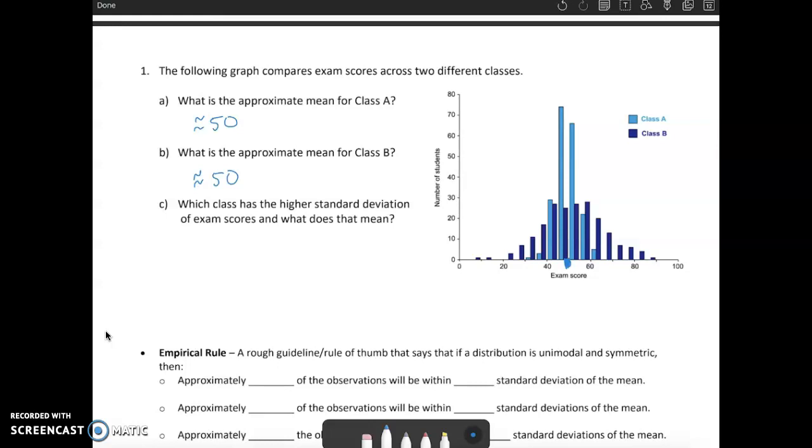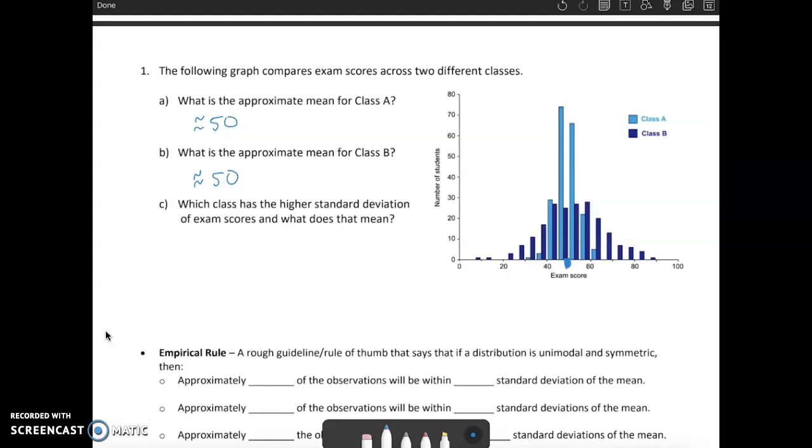However, these two classes definitely did not perform in the same way on this exam. There is something very different going on with them. So which of these classes has the higher standard deviation of exam scores, and what does that mean?